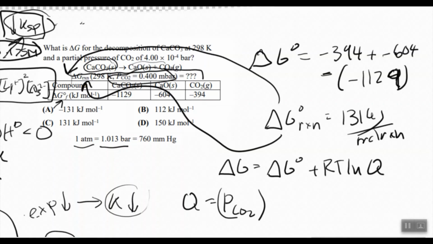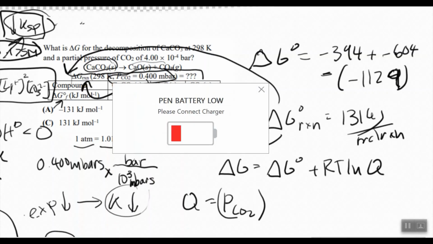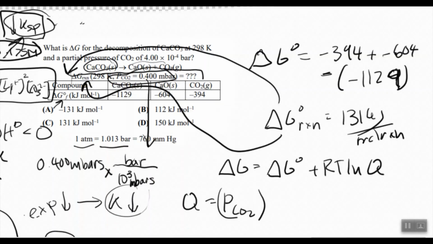So let's think about this for a second. How do we find the pressure of CO2? Well, it tells us 0.400 millibars. Let's convert this to bars. There are 10 to the third millibars per bar. And according to this, 1.013 bar is just 1 atmosphere of pressure.